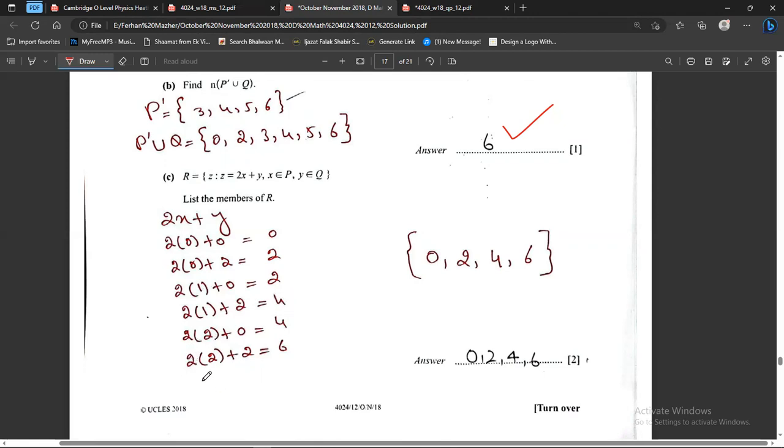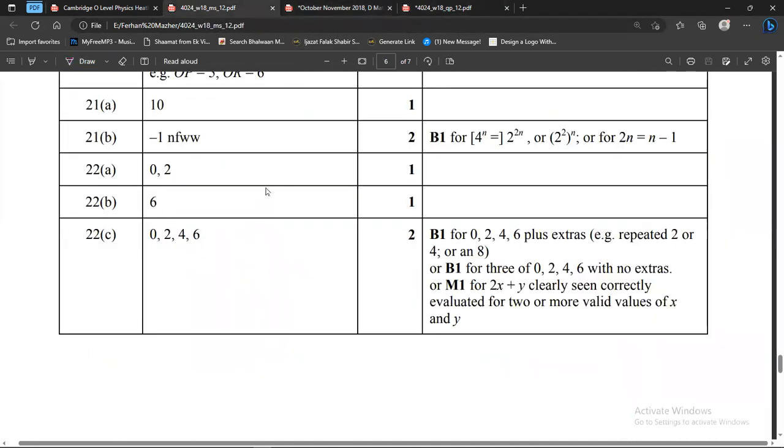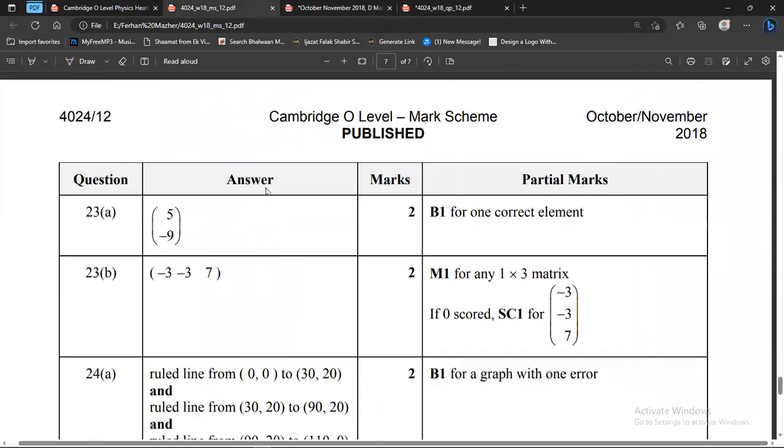Then I will take x as 2 and y as 0 and then y as 2. 2 into 2 is 4, 4 plus 0 is 4. 2 into 2 is 4, 4 plus 2 is 6. So the members of Z are 0, 2, 4, and 6. Do not repeat any member. This is a little tricky question. 0, 2, 4, 6, the answer is right.